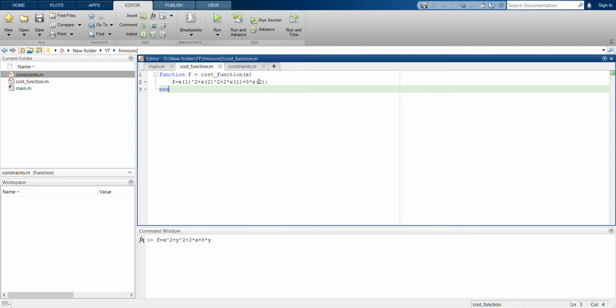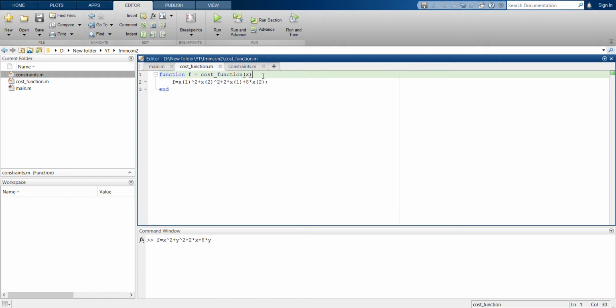We can do this two variable minimization by considering x as x bracket 1 and y as x bracket 2. So what you have to do is you have to write the same equation for the function like this, so you can see the similarity.